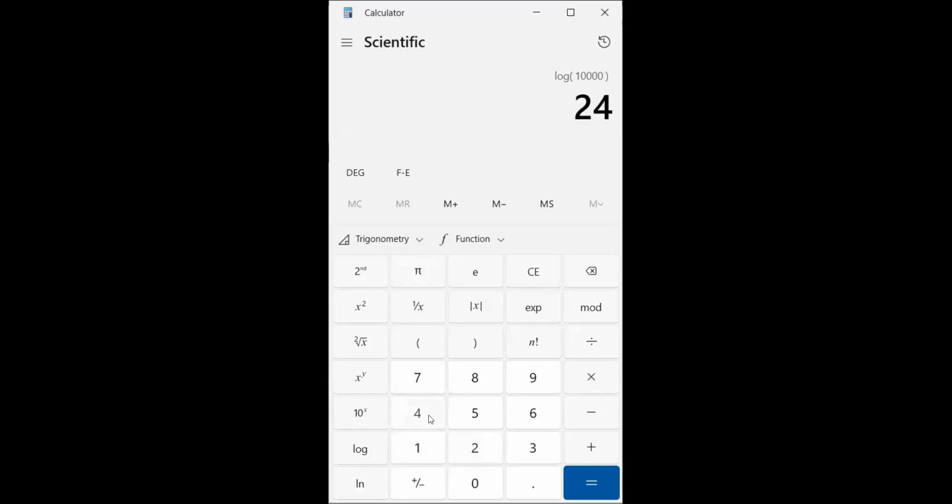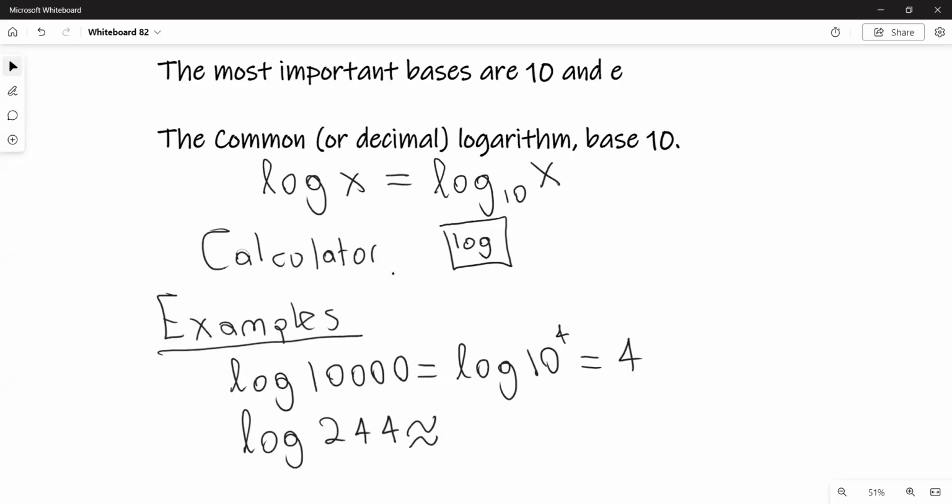So that is the logarithm of 244, and that's approximately 2.38740. We'll round. That's approximately 2.3874. So 10 raised to that power is going to be 244.